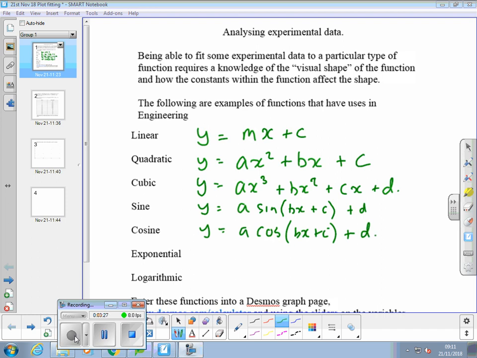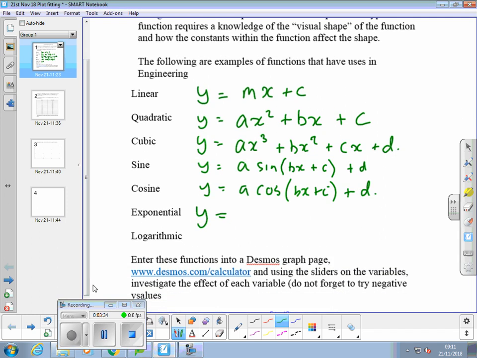Exponential. y is equal to a constant multiple times e to the power of x, a multiple of the exponential term, plus a constant on the end to shift it up and down the y-axis.